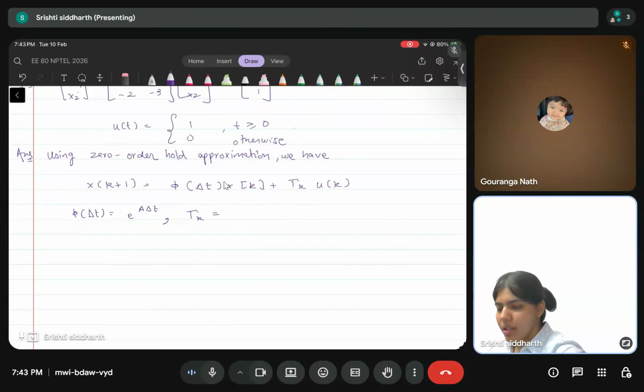Gamma k is the integral from 0 to delta t of e to the power A mu times B k.